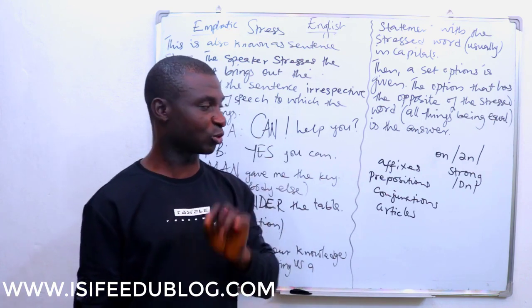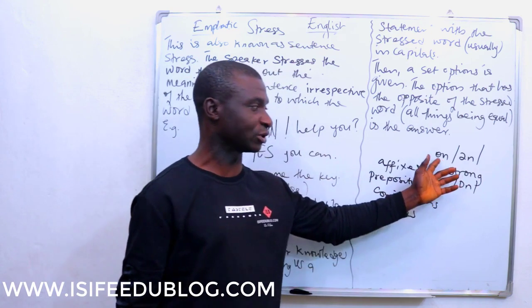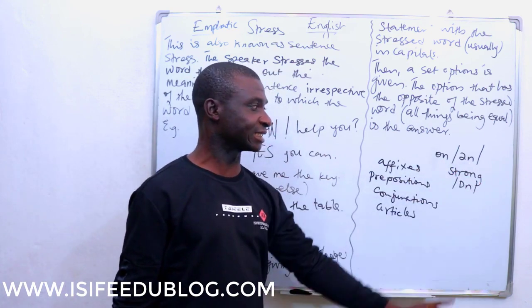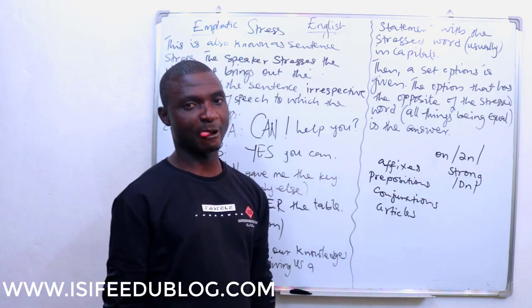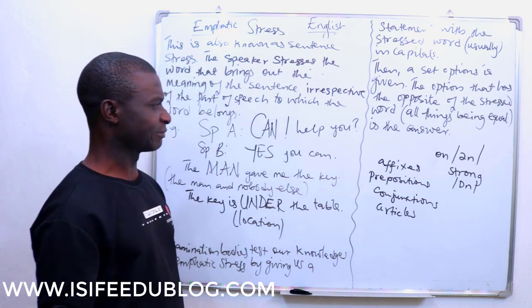So when you have ON written in isolation, the pronunciation is this one, not this. But in a sentence, ON will be rushed, it will be weak. Alright? That's the essence here.